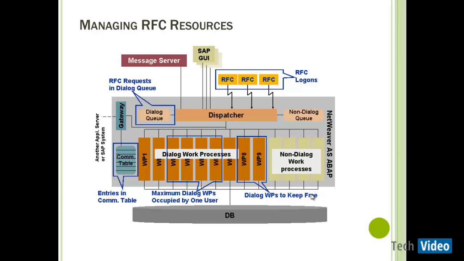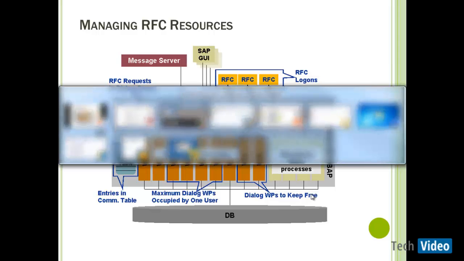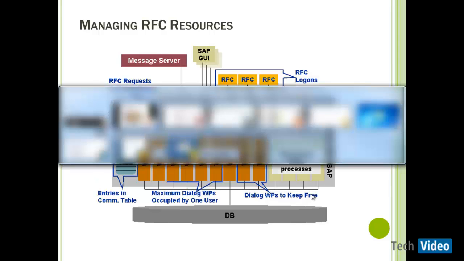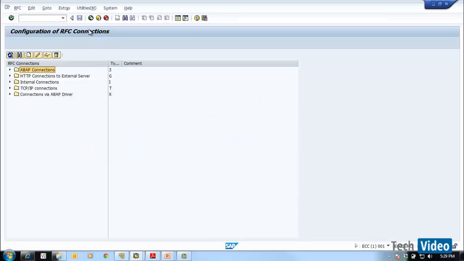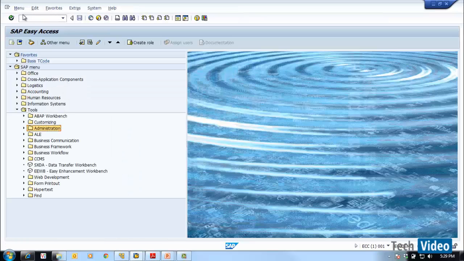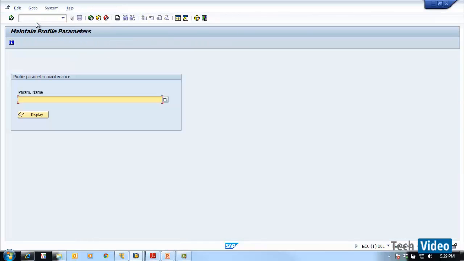So how do we do that? We have many parameters. Let's go to our system. We already know how to see the parameters. Let's go to RZ11. So the first parameter we are going to see is rdisp/tm_max_no.